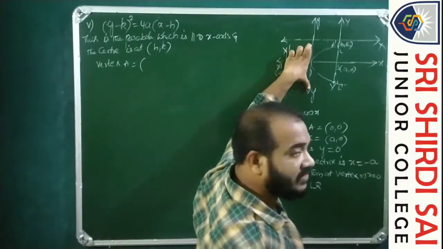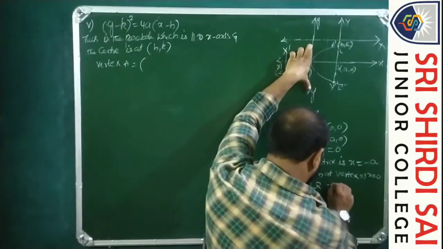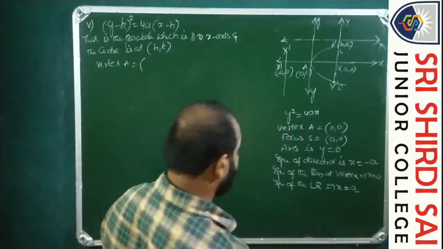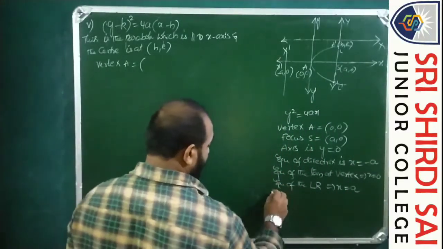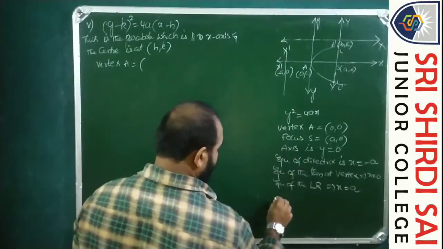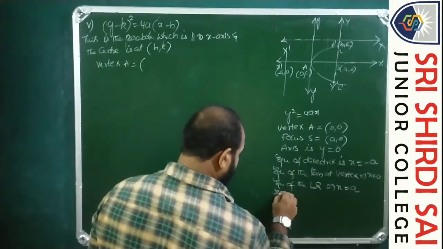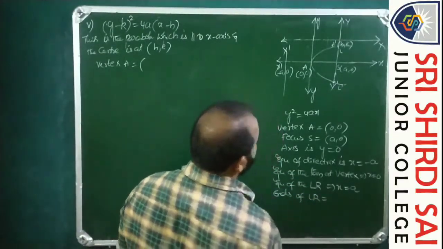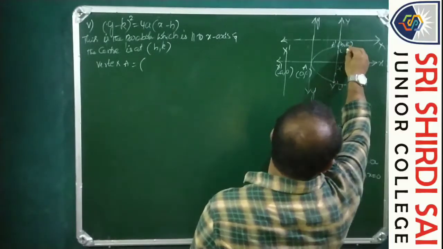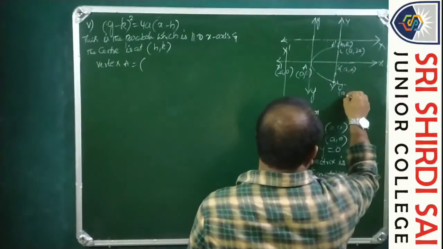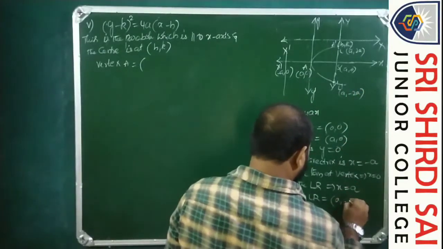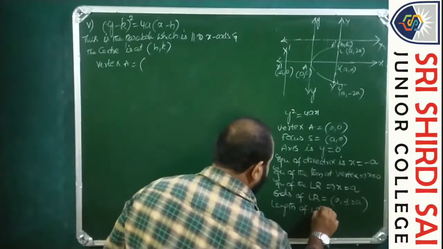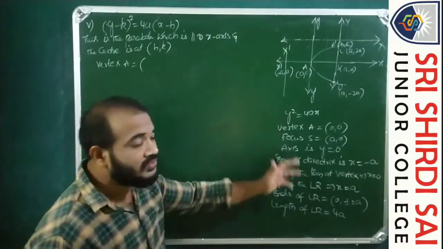Any line parallel to the y-axis is of the form x equals to something, x equals to a. So the ends of the latus rectum are a comma 2a and a comma minus 2a, that means a comma plus or minus 2a. So the length of the latus rectum is equal to 4a. These are the things that we have discussed before.